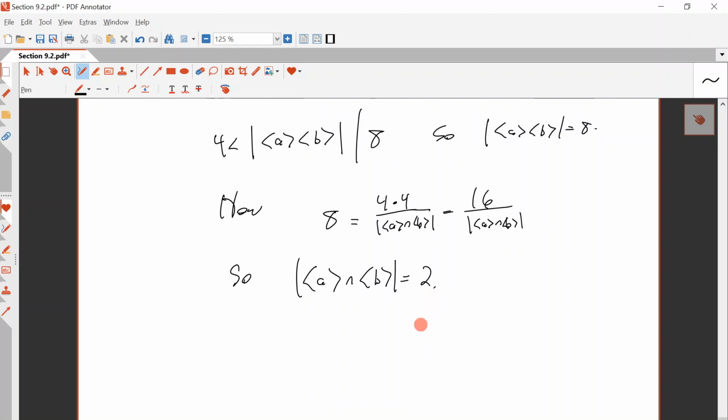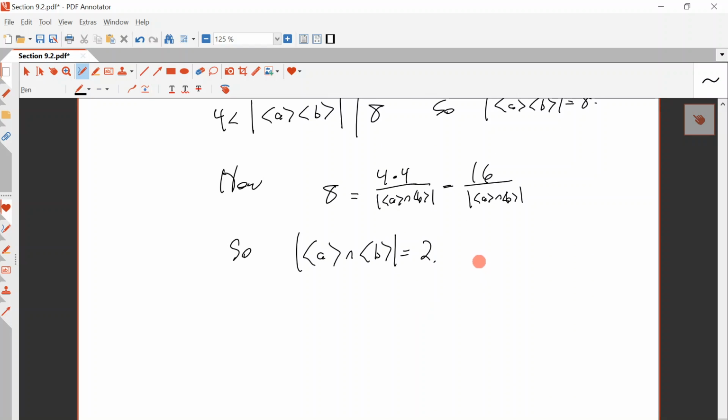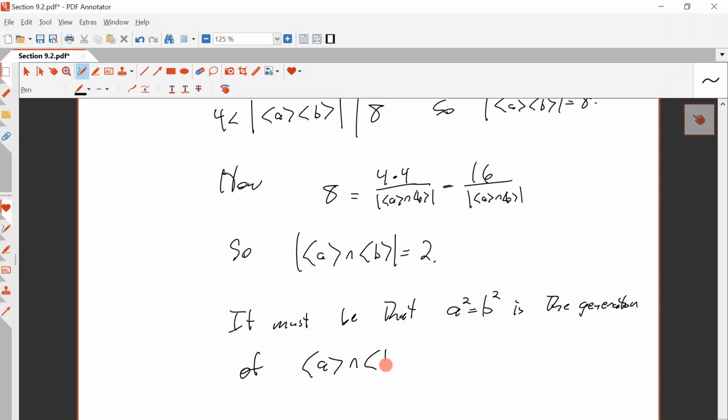So it's a single element of order 2, so it must be that A squared is equal to B squared is the generator of A intersection B. A squared.